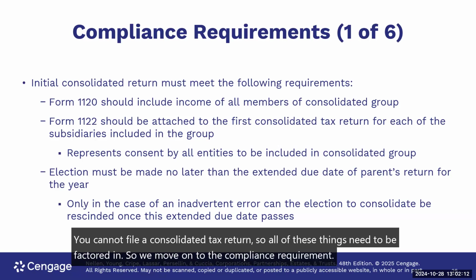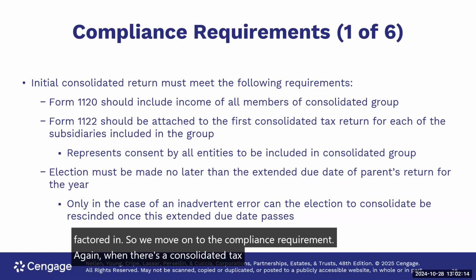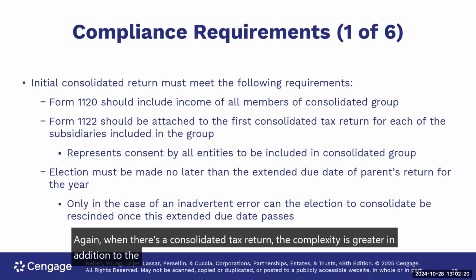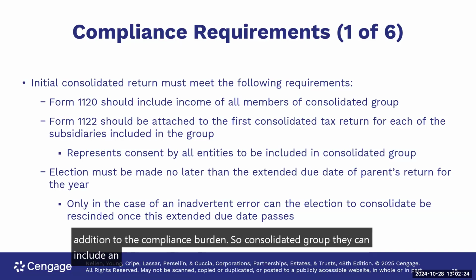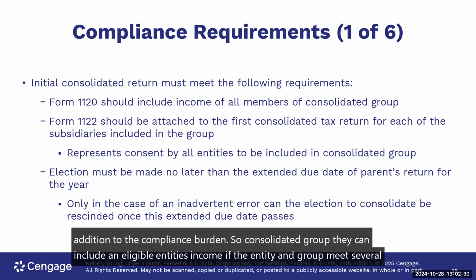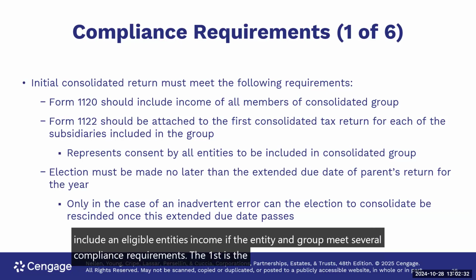Again, when there's a consolidated tax return, the complexity is greater in addition to the compliance burden. A consolidated group can include an eligible entity's income if the entity and group meet several compliance requirements. The first is the initial consolidated return.